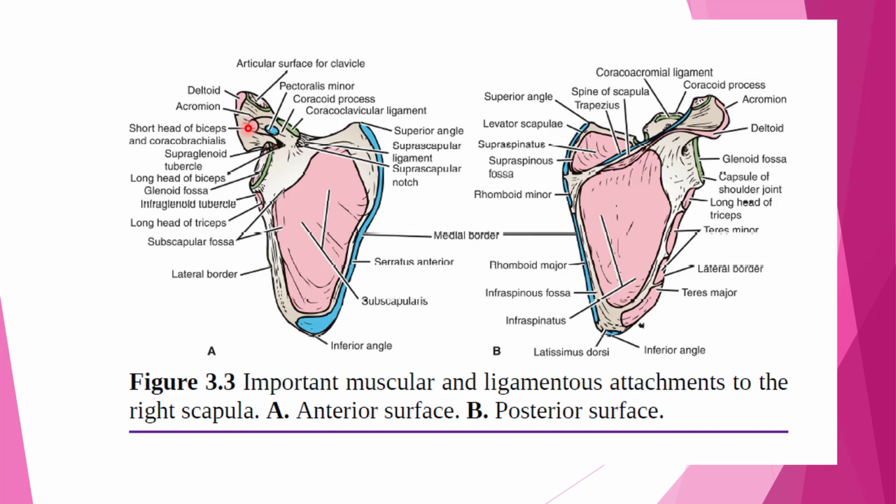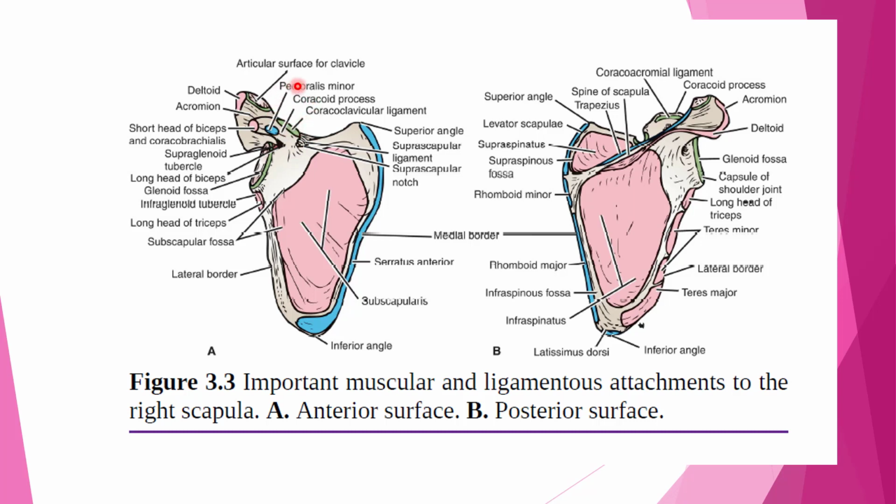Then you can see here, there is one muscle which is named coracobrachialis. Along with the short head of the biceps, there is coracobrachialis muscle. These muscles are the muscles of the anterior compartment of the arm. So there are 2 muscles which are present on the tip of the coracoid process: one is short head of the biceps and one is coracobrachialis muscle. Now you can see here there is one muscle which is named pectoralis minor muscle.